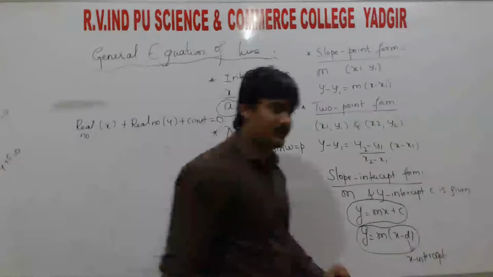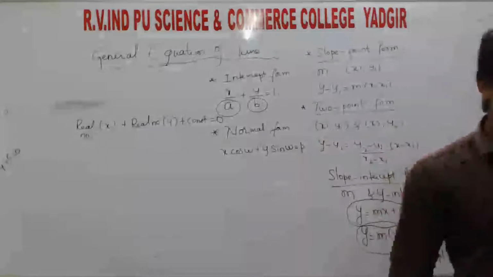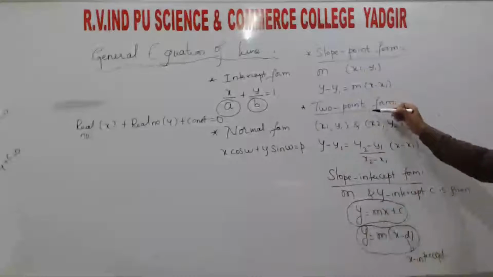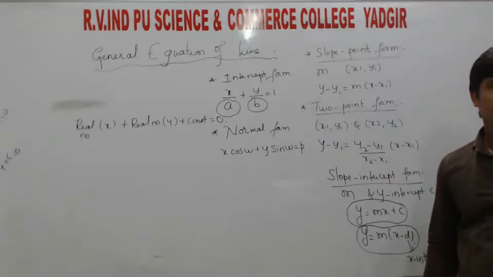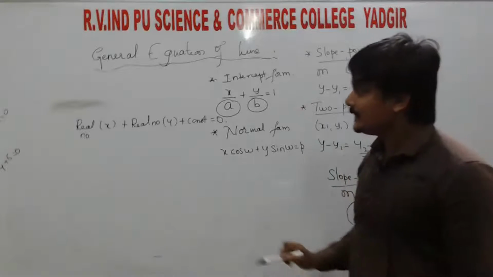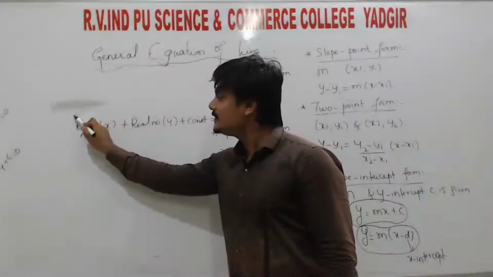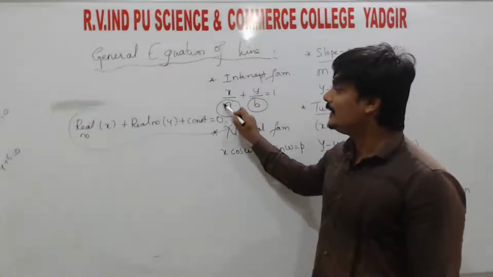Check it out, very simple thing. Irrespective of whichever straight line equation you used in the problem, at the last stage you used to write the equation of the straight line like this only.